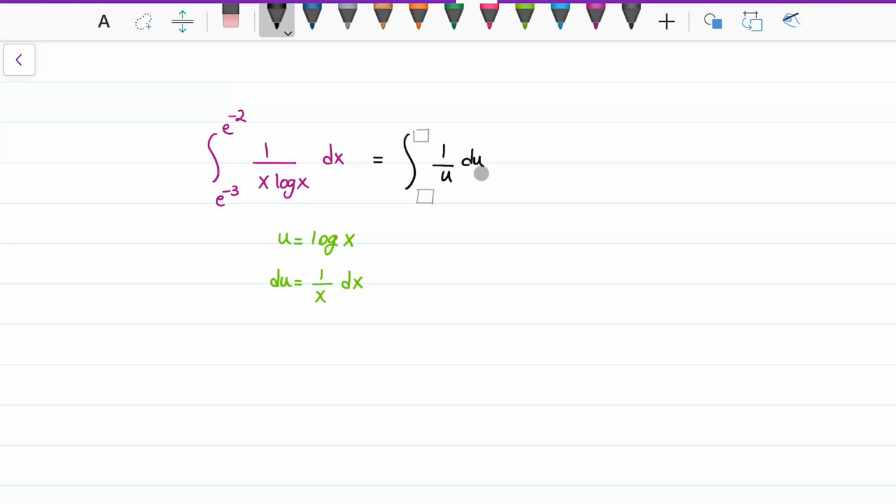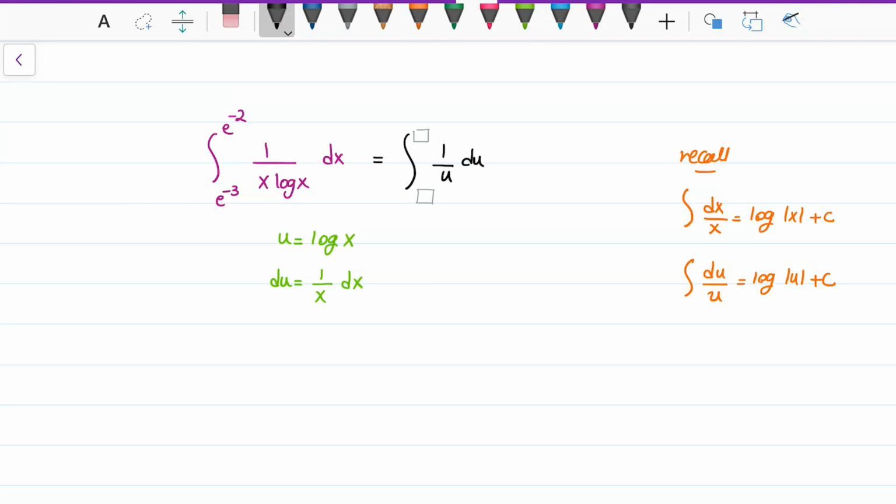So I have the integral of 1 over u du, and the answer for this is what? Let me give you a recall. The integral of dx over x is log of absolute value of x plus c. And the integral of any function's derivative over the function itself, based on the integral rules, is log of the absolute value of whatever function you have plus c.